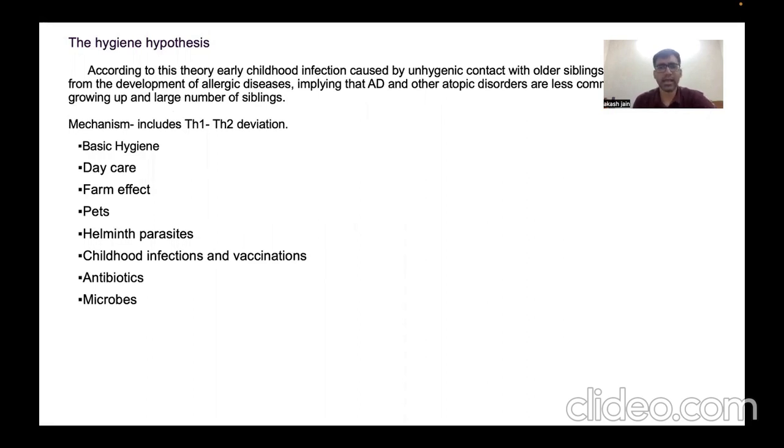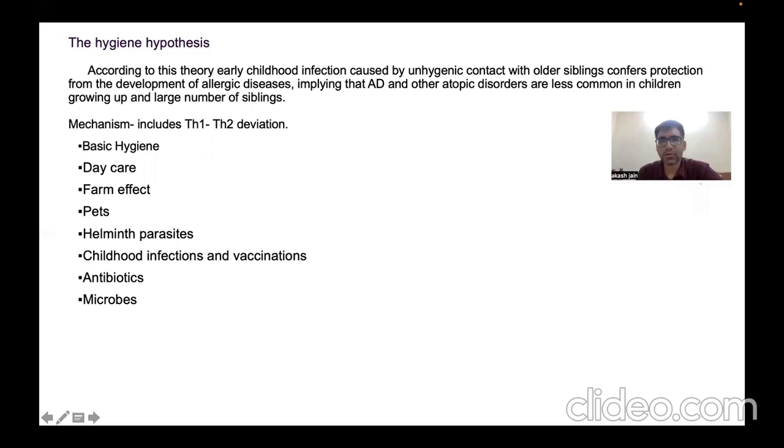Now, what is the hygiene hypothesis? According to the theory, an early childhood infection caused by unhygienic contact with the older siblings confers protection from the development of allergic disease, implying that atopic dermatitis and the other atopic disorders are less common in children growing up with a large number of siblings.